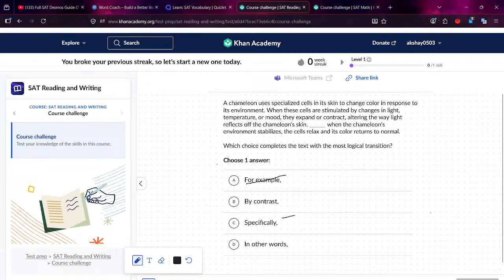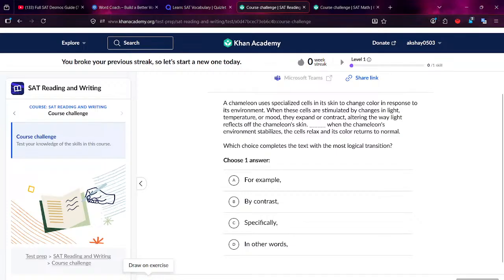Because it's contrasting that when they're exposed to light, they expand or contract and they alter the way it looks. And then afterwards, it says that it returns to normal. So a connecting word would have to be like "by contrast" because they're opposite processes. So we're going to go with B, by contrast here.